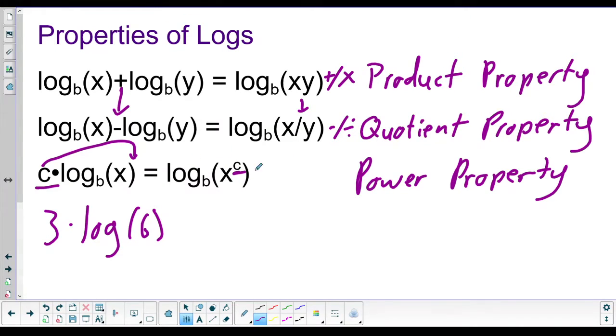If you have multiple things in the argument, the exponent will go on the outside, and then you'll of course use your exponent property to distribute it. Likewise, if you have something inside a logarithm with an exponent you don't like, you can take that exponent and move it in front of the log and turn it into a coefficient.